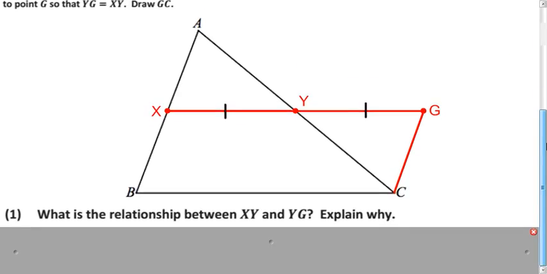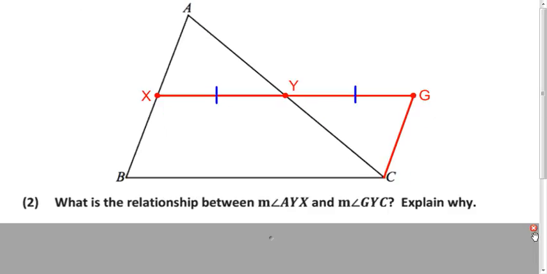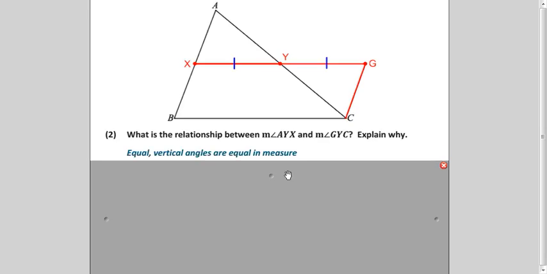So there's a few steps to this. First, what's the relationship here? Those measures are equal. That's how we made the construction. Okay. How are angles AYX and GYC related? Those are vertical angles, so they are equal in measure.